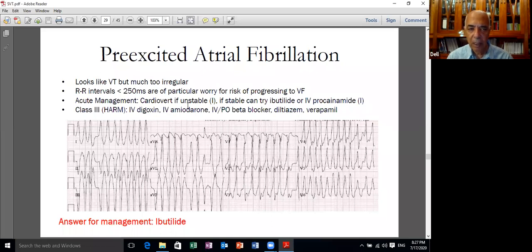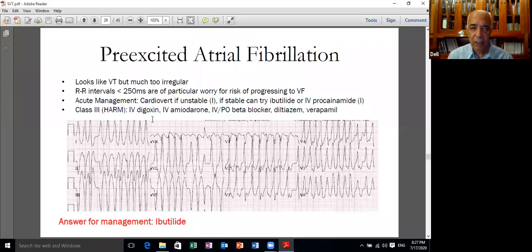Acute management is cardioversion. If the patient is stable and you have access to ibutilide, give ibutilide or procainamide. Unfortunately, both of them are not available in Egypt, so the only available treatment for these patients, whether they are stable or unstable, is immediate cardioversion.